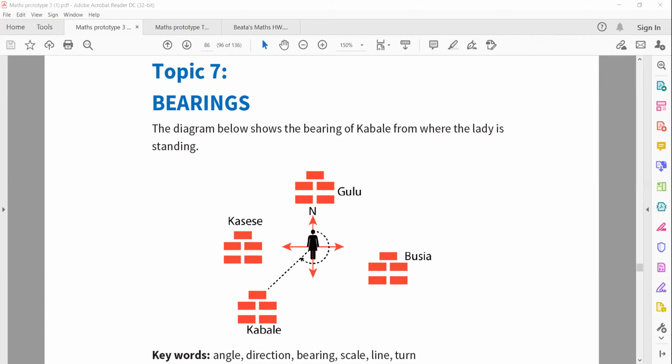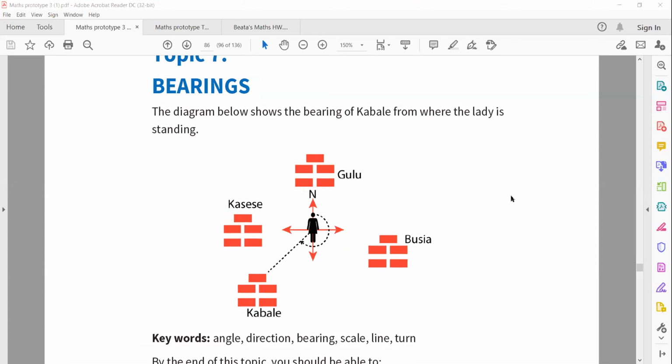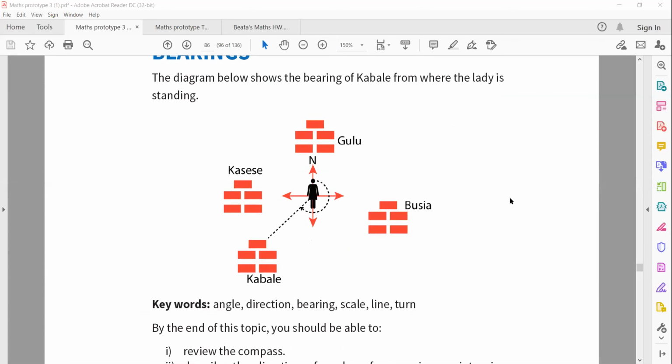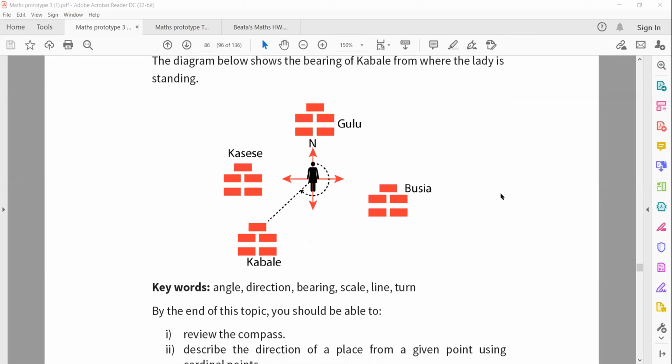So I hope we can see this diagram clearly. When we look at this diagram, you'll find that there are some keywords that we need to know as per our book: the angle, direction, bearing, scale, and the turn.